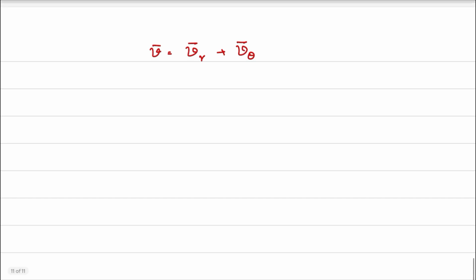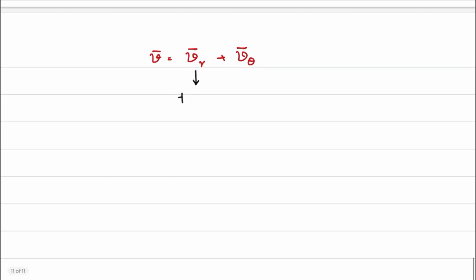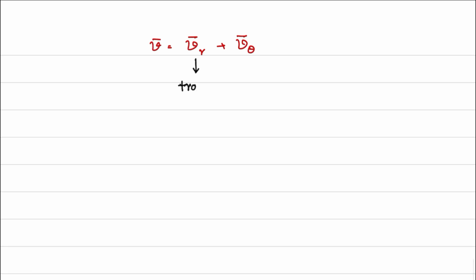So it's a complicated differentiation, and the final equation will be: velocity of the particle is equal to Vr plus V theta. This is because of the translation. Point P1 is moving from one position to another position P2. That is a translation. This is because of the rotation.